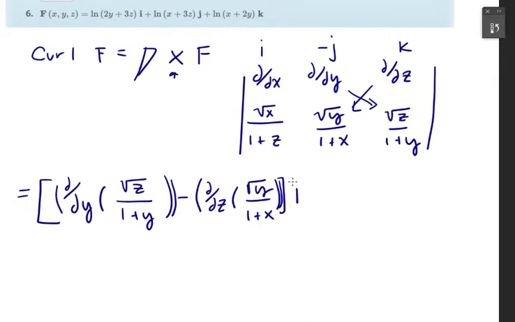So important thing here, put your I hat, easy to forget. Also your negative sign for your J.